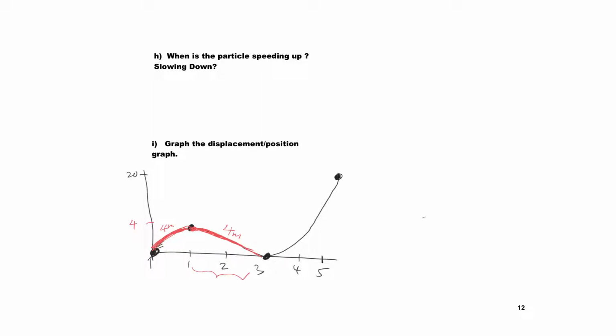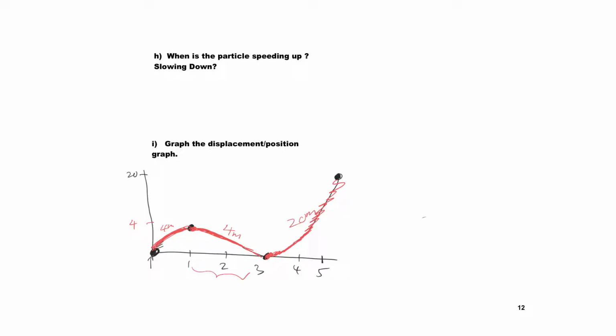Afterwards, the person is at home, but then the person goes away from the house and ends up at 20, meaning the person travels 20 meters. In other words, the total distance is 4 plus 4 plus 20, which gives us 28 meters. So the person travels a total distance of 28 meters.